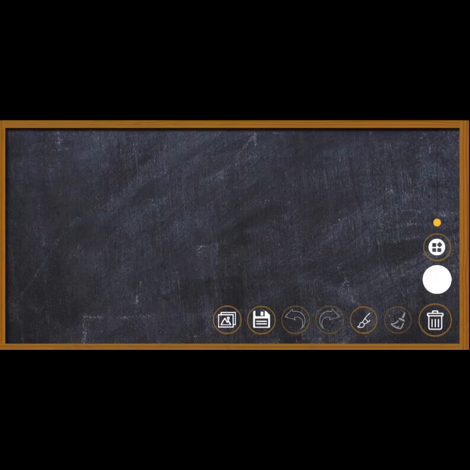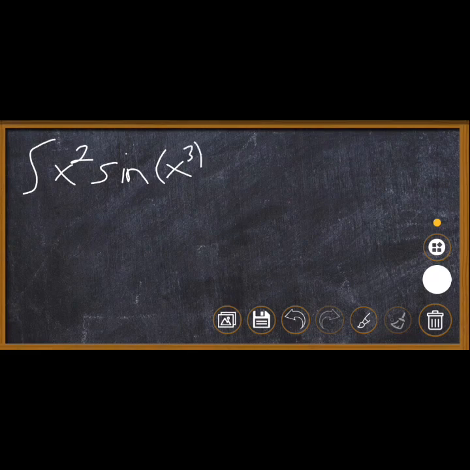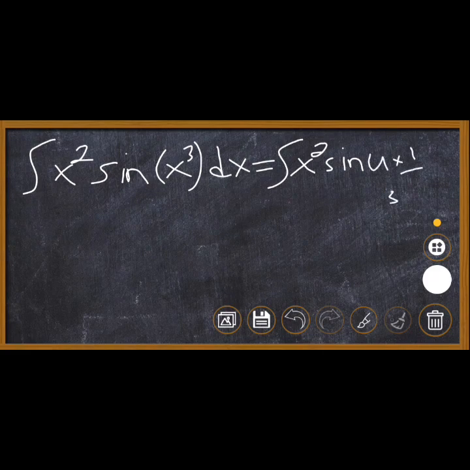So in this case then, our integral will be, so make sure that you are writing somewhere because you might be confused. So this is the expression that we had at first. So let's replace now. So in this case, we are going to have x squared, then sine of what? U, multiplied by what? 1 over 3x squared du here.